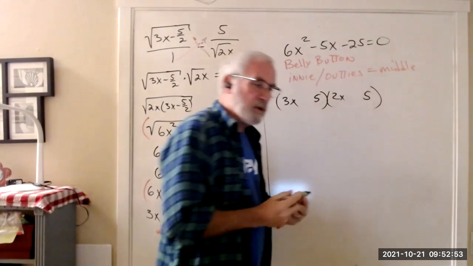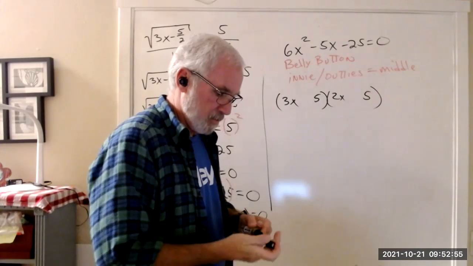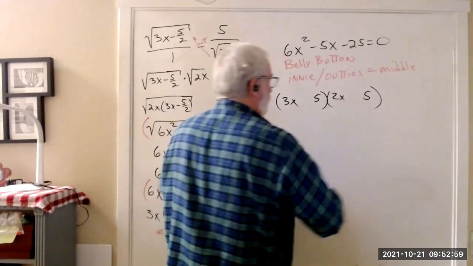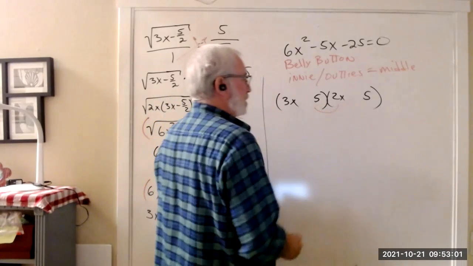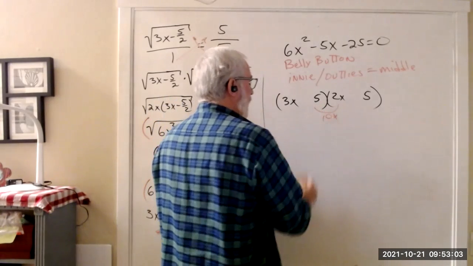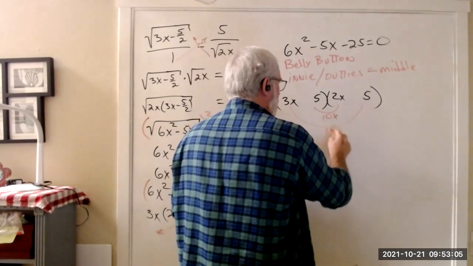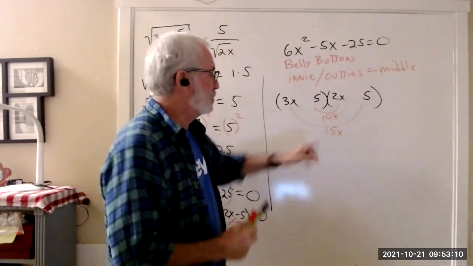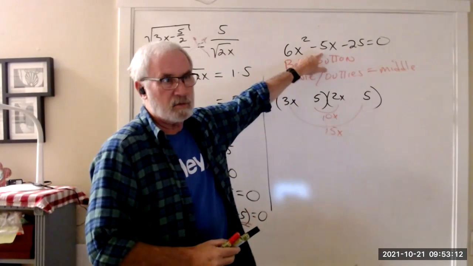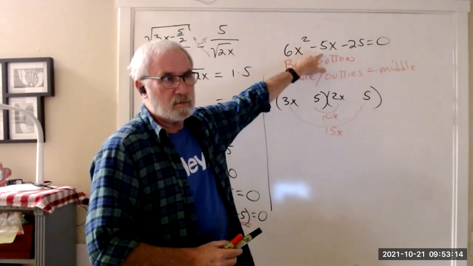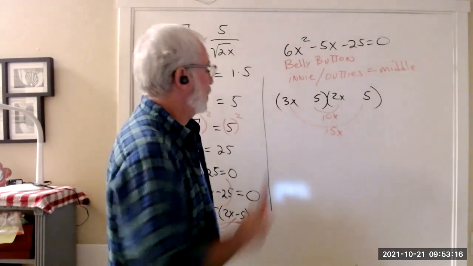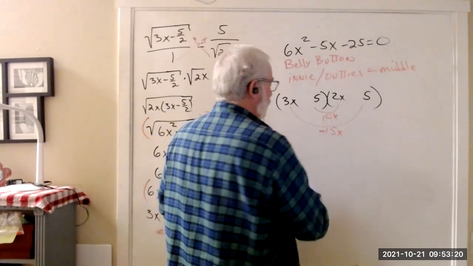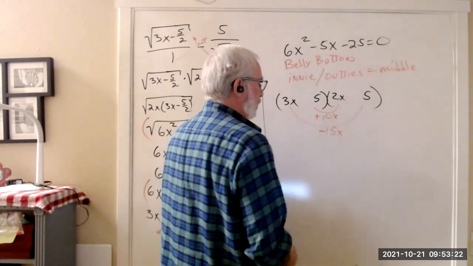Now this is where the belly button comes in. Your innies, which is a 10x, and your outies, which is a 15x, somehow have to add or subtract to make the middle. So you look at that and you go, the 15 has to be negative and the 10 has to be positive.